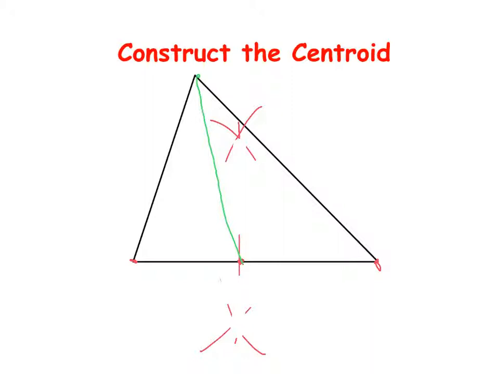But to get the centroid, I have to do 3 of those. All right, so we're going to do that again. We're going to find the midpoint of another side. And that looks bad. I know that doesn't really look like the middle. I'm sure yours looks better. All right, let's do this side over here on the left. I'm going to do my arcs, stretch my compass, put my point here, stretch over half, do your arcs above, below, go to the other side and do the same ones.